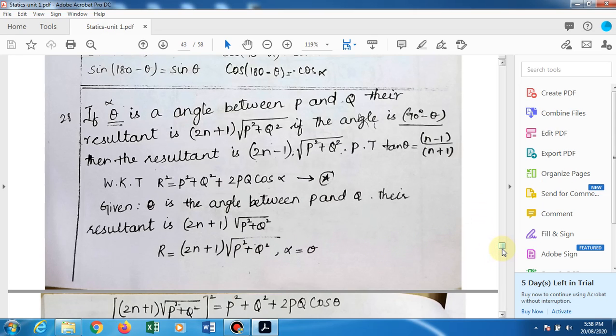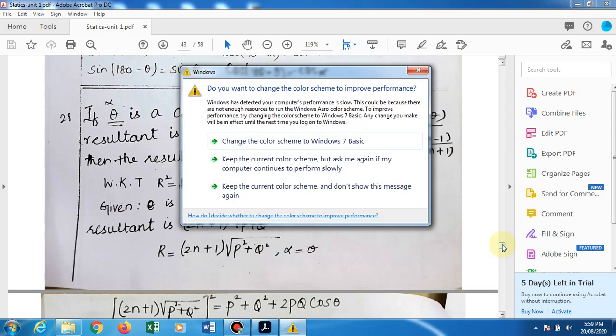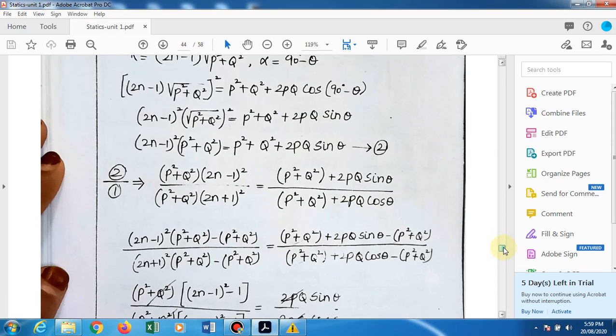Next, what you have to do: to n plus 1, the resultant r is equal to 2n plus 1 into square root of p square plus q square and alpha equal to theta.